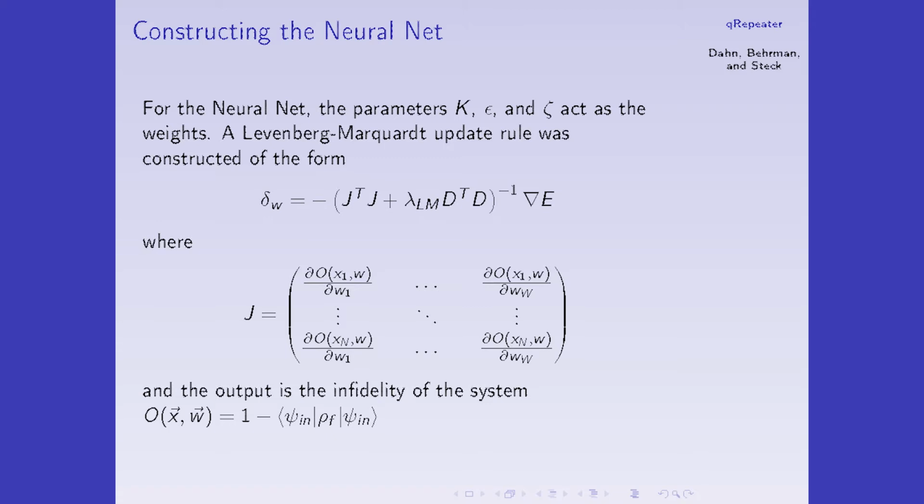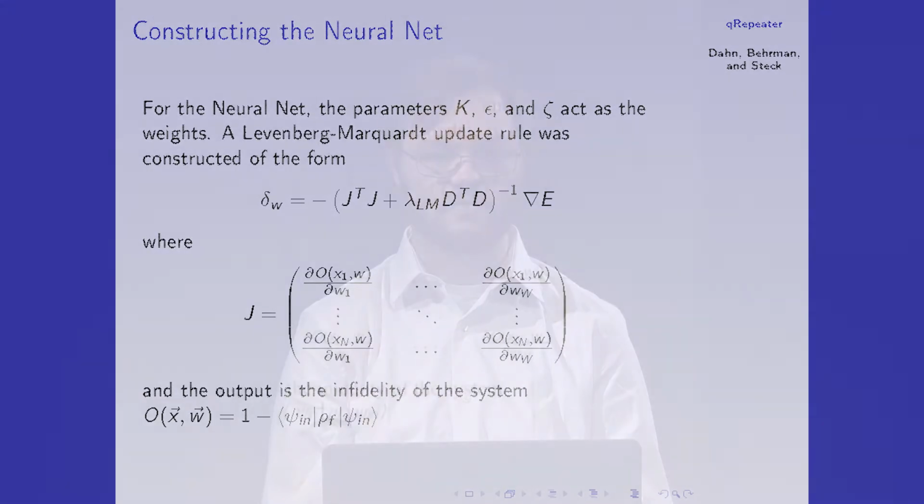Specifically, the Jacobian matrix was found numerically using small changes in the error and calculating a numerical derivative. Our output for the system was called the quantum infidelity of the system, which is 1 minus the quantum fidelity of the system, which is a measure of the closeness of the target state to the actual final state output.